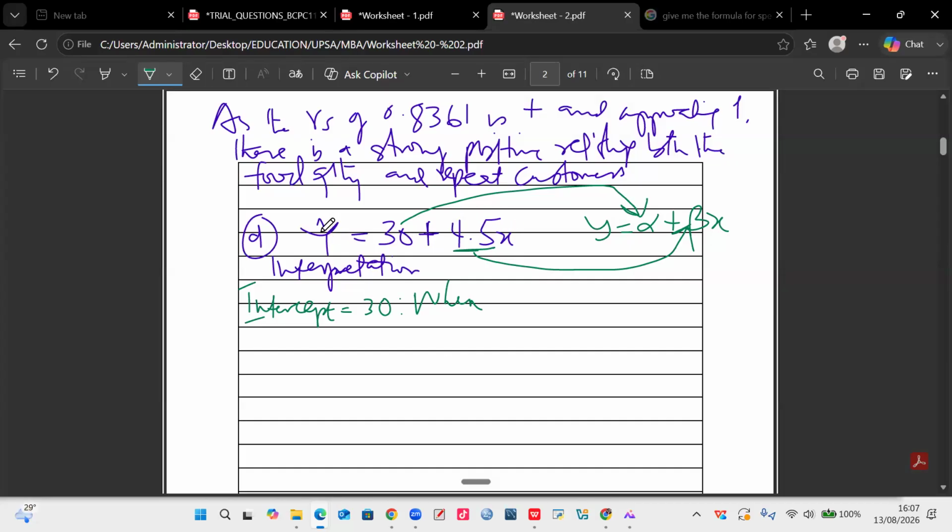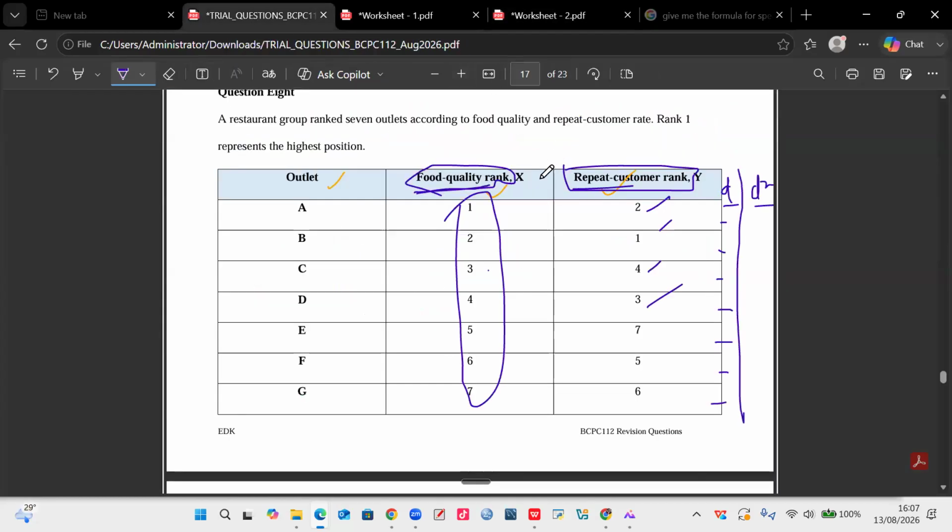Between Y and X, which one becomes 0? X. So what does X stand for? Food quality rank.